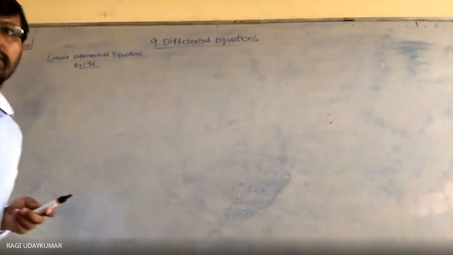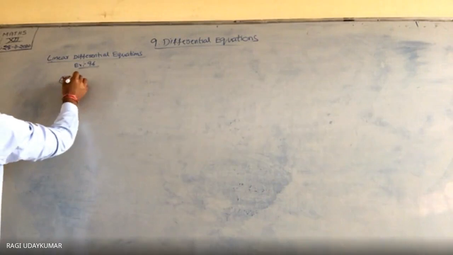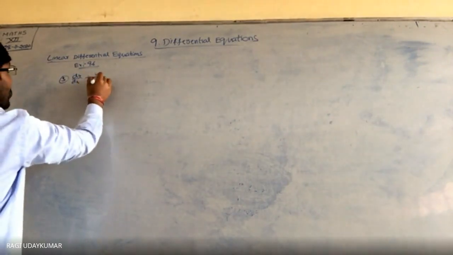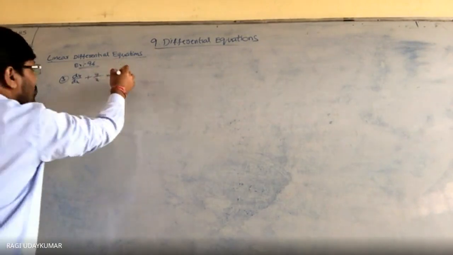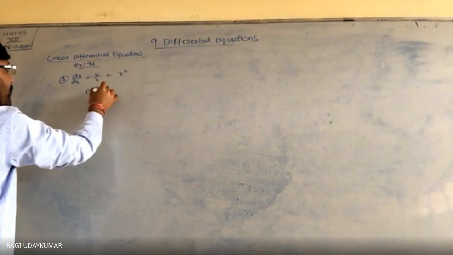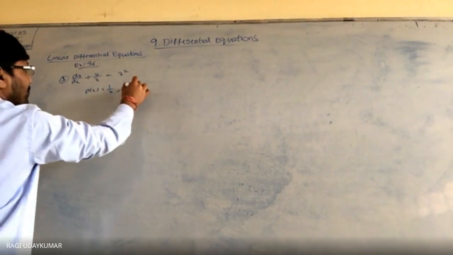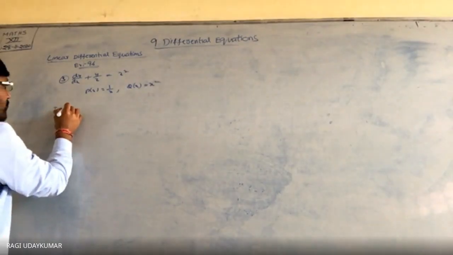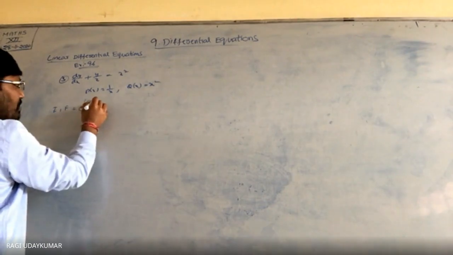Third problem, look: dy by dx plus y by x is equal to x square. Here what is p of x? 1 by x. What is q of x? x square. What is the integrating factor here? e power integration of p of x dx.